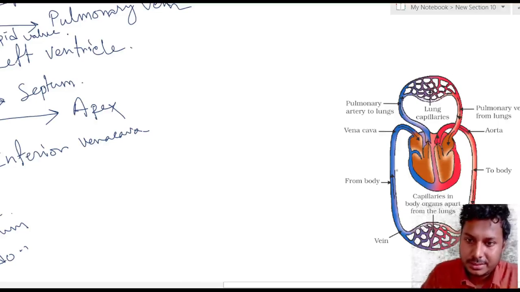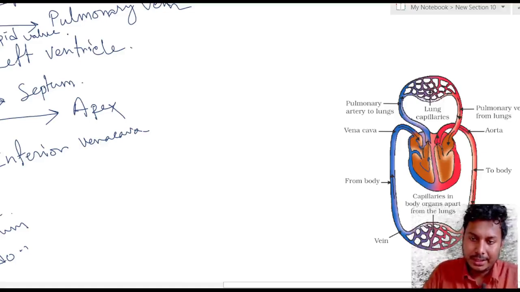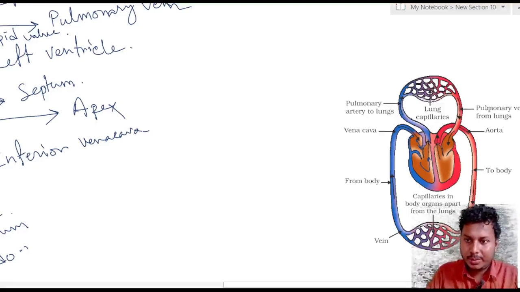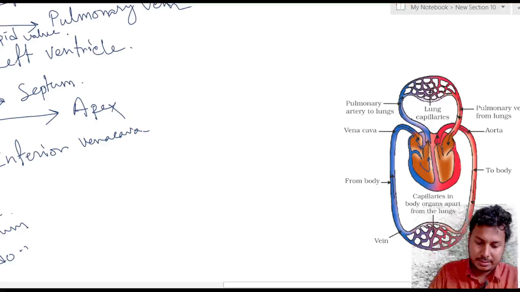And also this is your pulmonary artery. The deoxygenated blood comes from there, goes through like that, and goes to the lung capillaries. In the lung capillaries, it gets oxygenated, and through the pulmonary vein from the lungs, it comes to the left atrium.